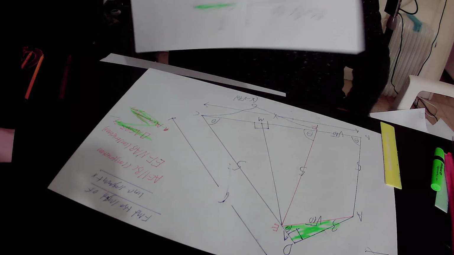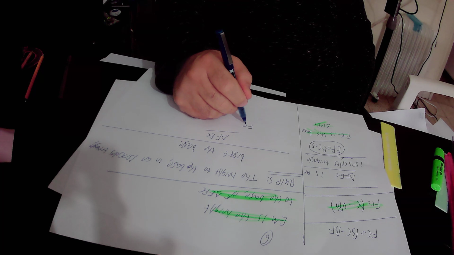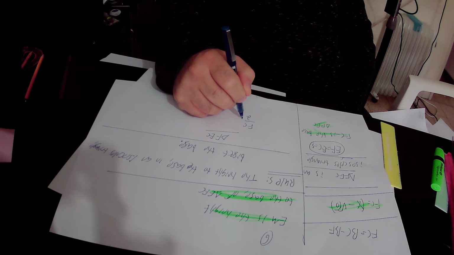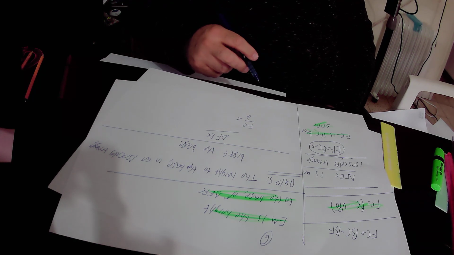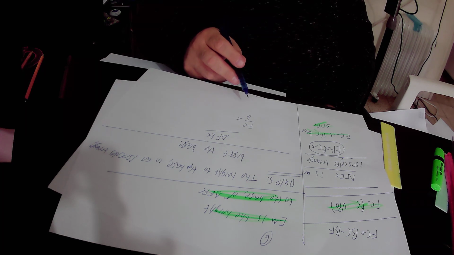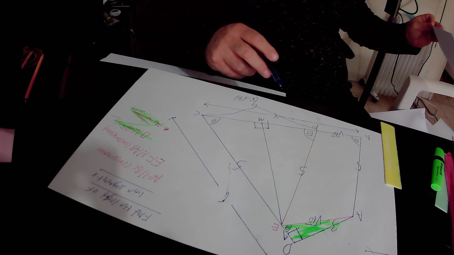That is to say, the base FC over 2. So if the height to the base divides the base into two equal parts, it means that the base, that is FC over 2, divides it into two equal parts.